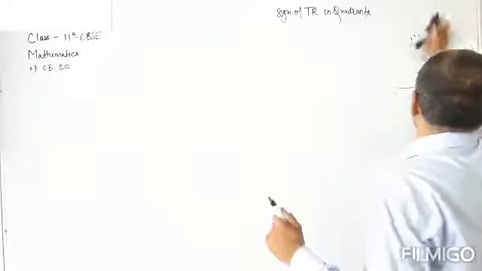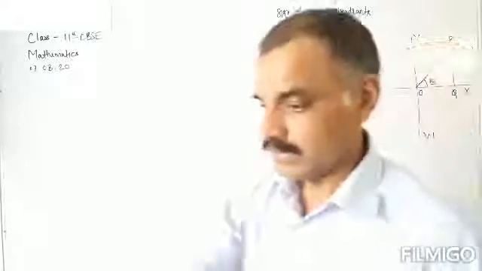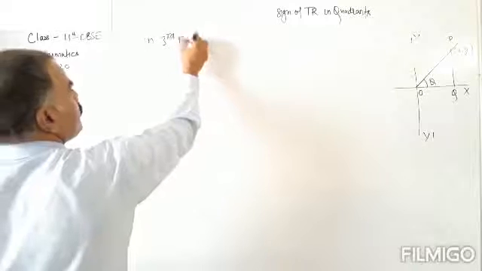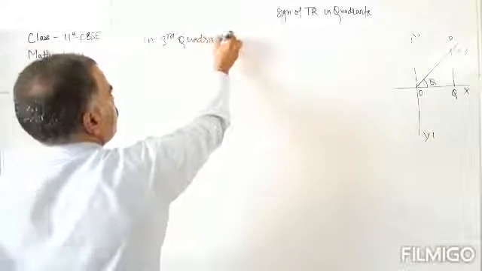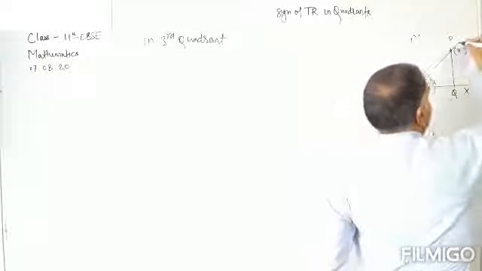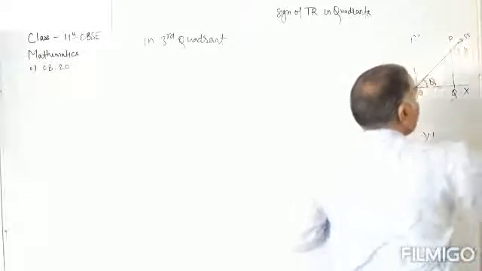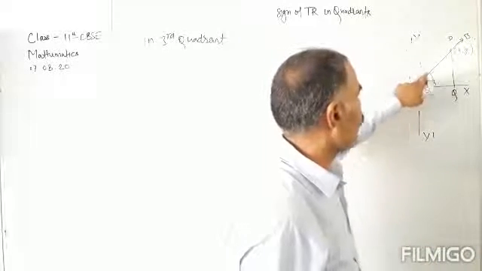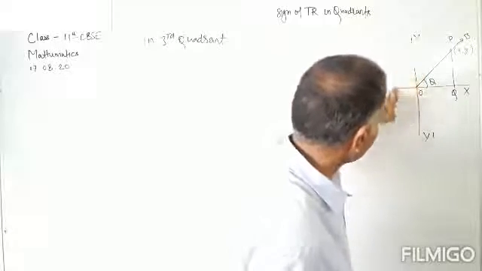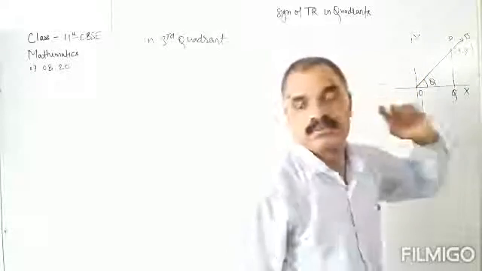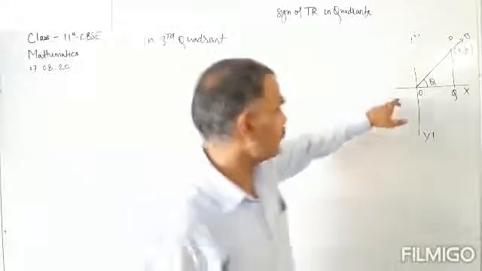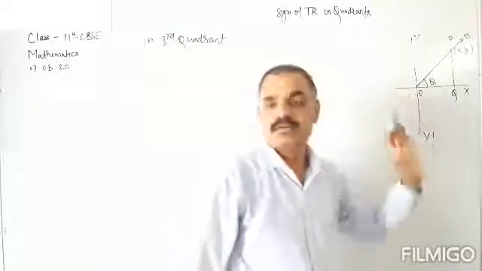Now, in the third quadrant, you know that if this terminal ray OB revolves about point O and takes its position in the third quadrant, then in the third quadrant x is negative and y is also negative.